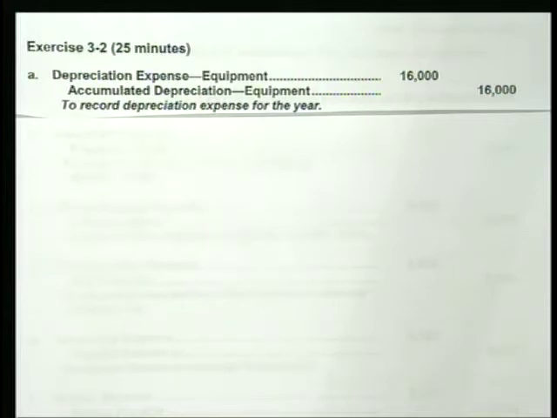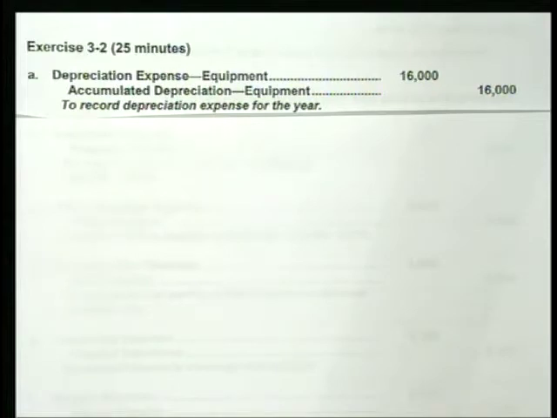The prepaid insurance account had a $6,000 debit balance at December 31 of 09 before adjusting for the cost of any expired coverage. We do an analysis of the company's insurance policies, and it shows that 640 of unexpired insurance coverage remains.